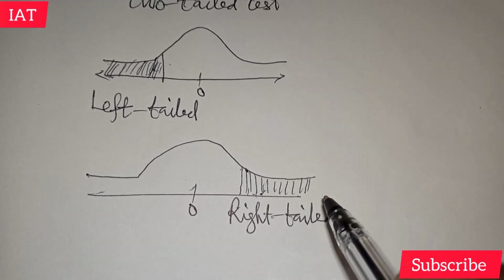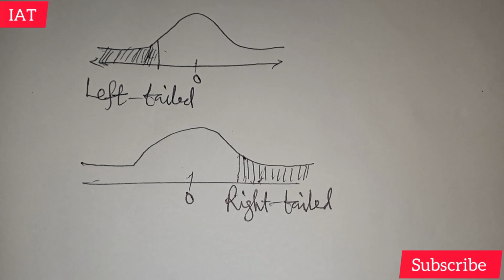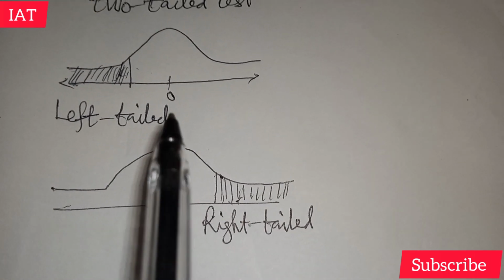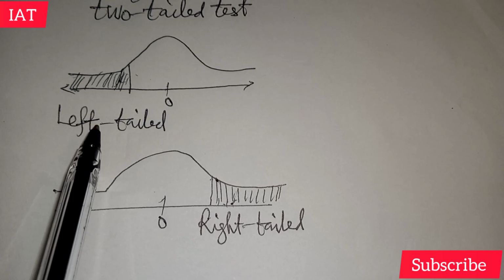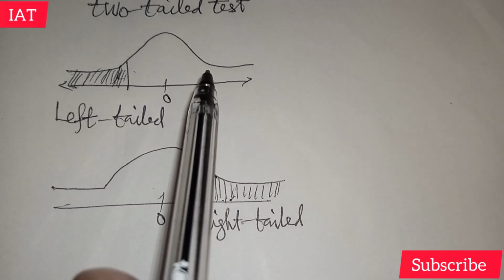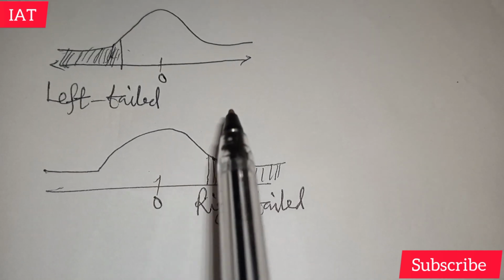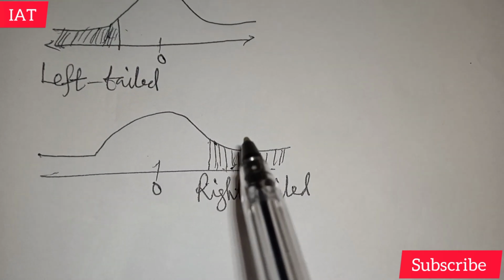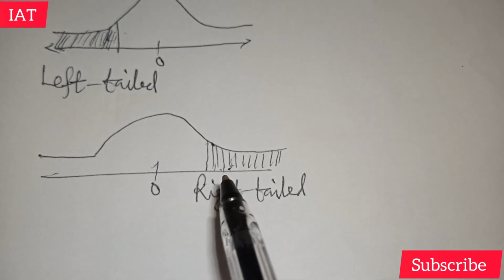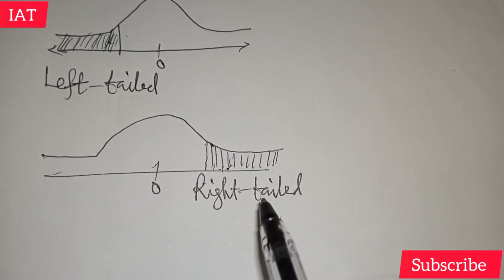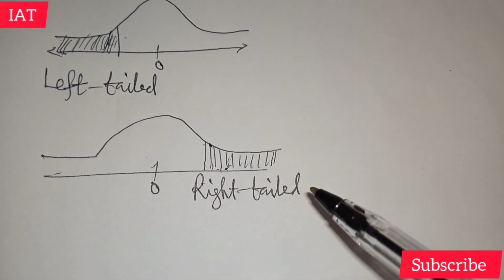All right, so this should be able to give us the basics of what two-tailed tells, and I've already said that whether we have it to be left or right, we call it one-tailed test. And what exactly is one-tailed test? It's just a statistical test in which the critical region or the critical area of a distribution is one-sided.